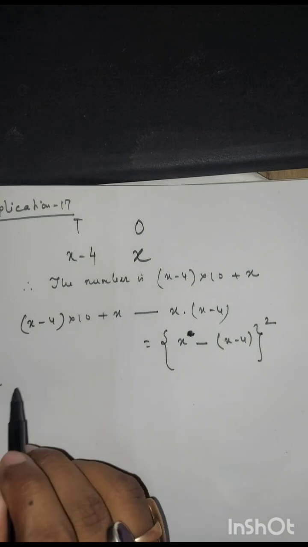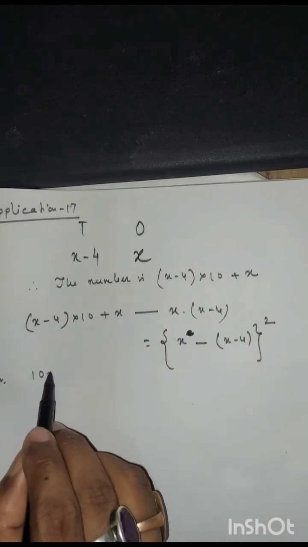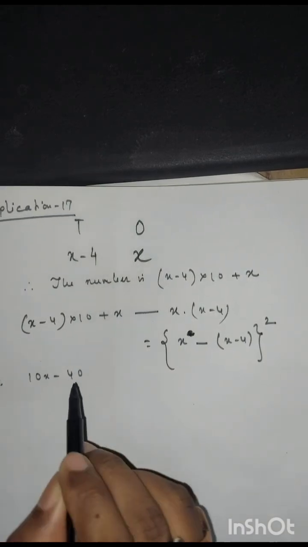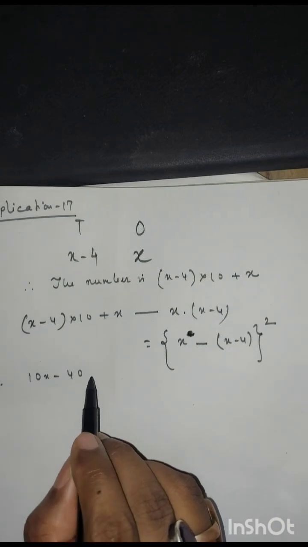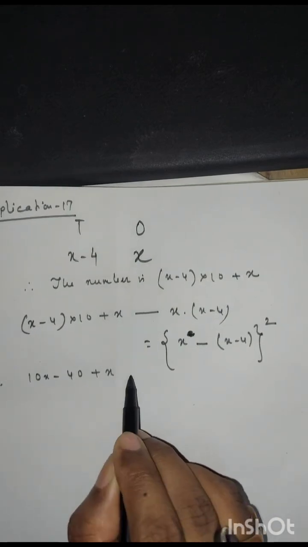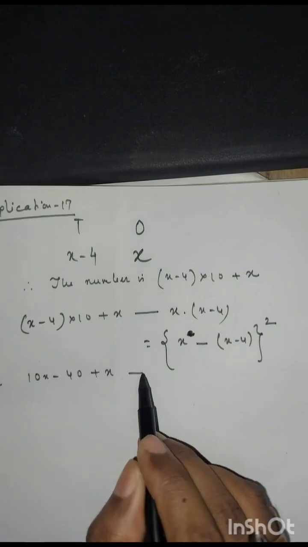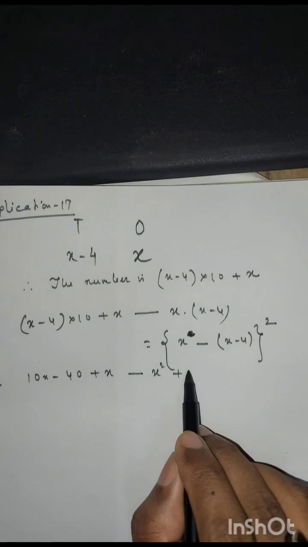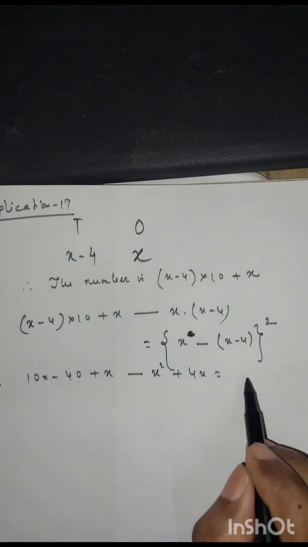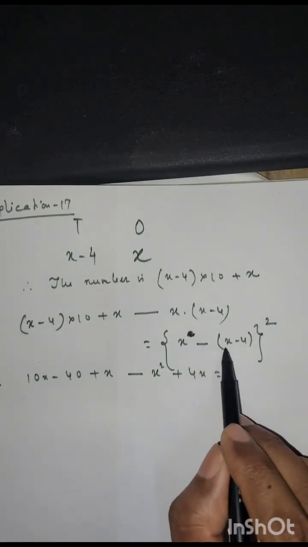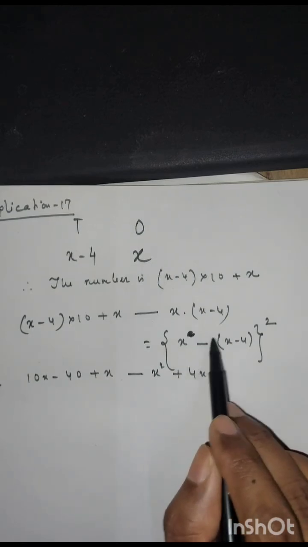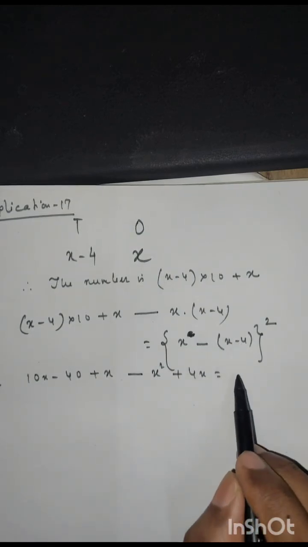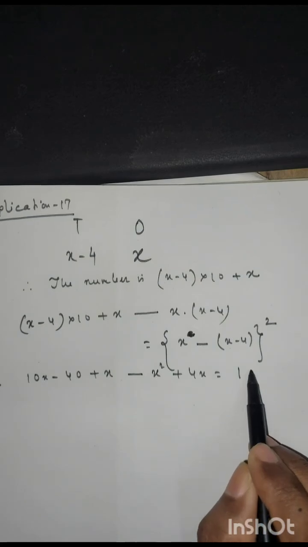10x minus 40 plus x minus x square plus 4x, and minus x and plus x can be cancelled and this becomes plus 4. So 4 square is 16.